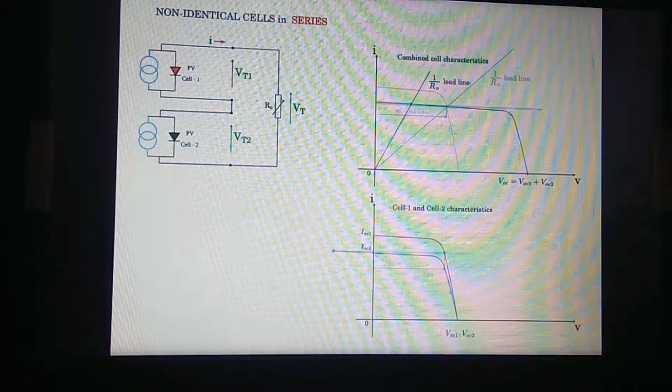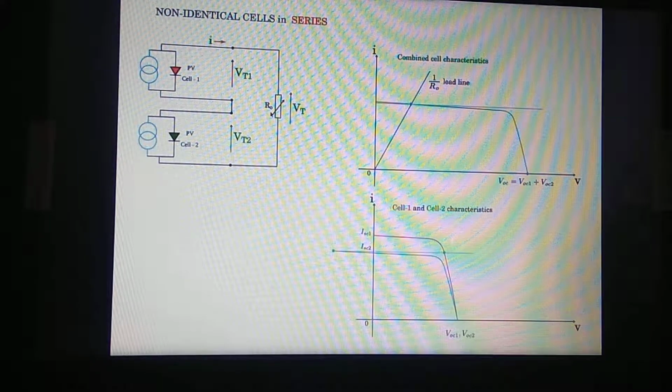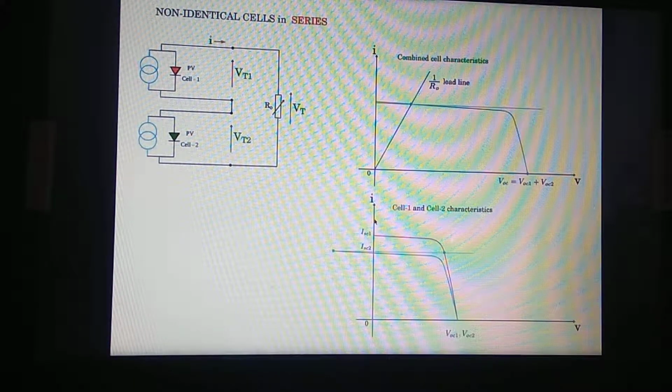Further on, if I try to increase the load or decrease the current I0, there is not much significant rise in the current, because you see that the cell characteristic 2 starts going into this quadrant. It is not the generating quadrant. The first quadrant is the only quadrant which is the generating quadrant, or the source quadrant.